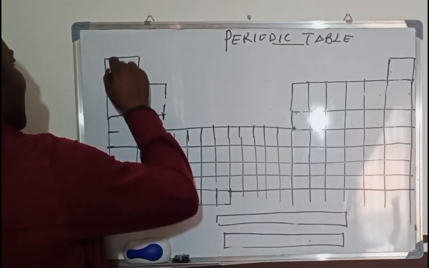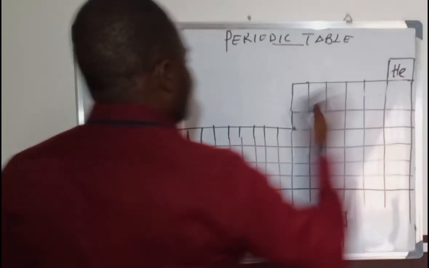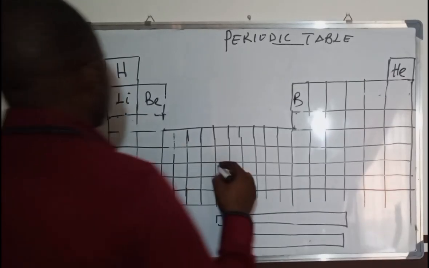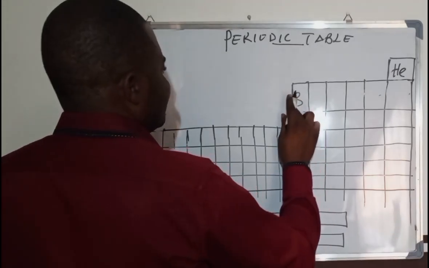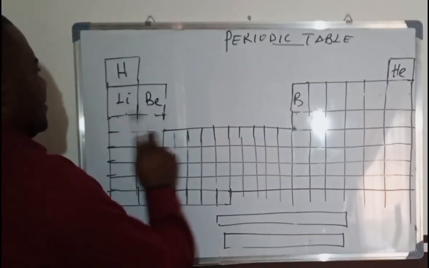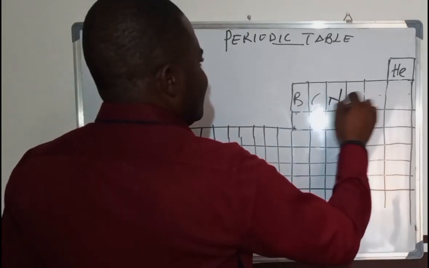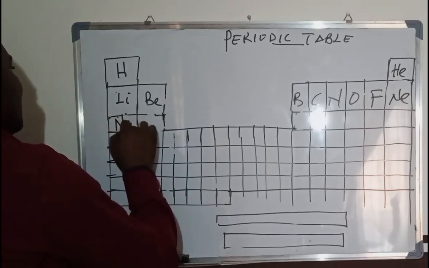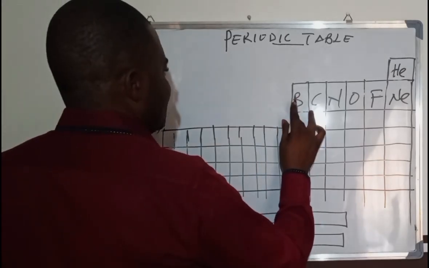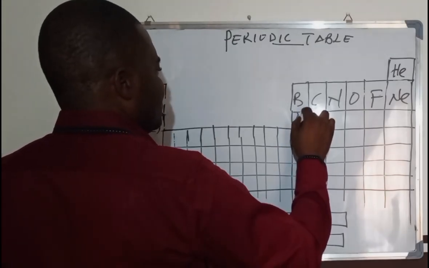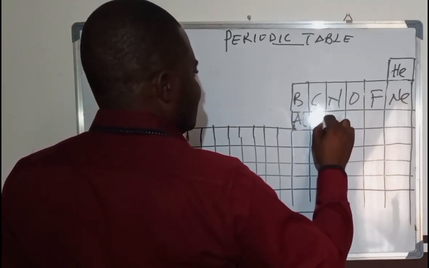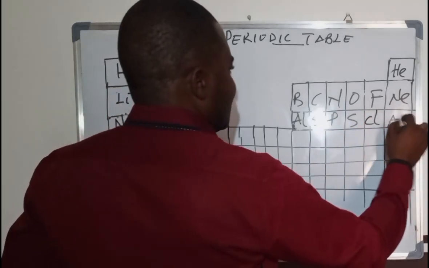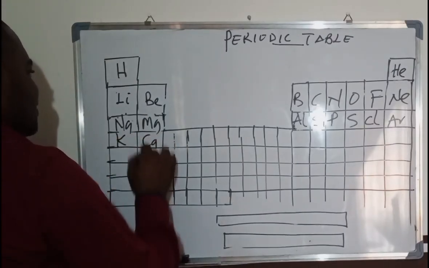Now, from here we have hydrogen, we have helium, we have lithium, we have beryllium, we have boron, neon, sodium, magnesium, aluminium, silicon, phosphorus, sulfur, argon, potassium, calcium.